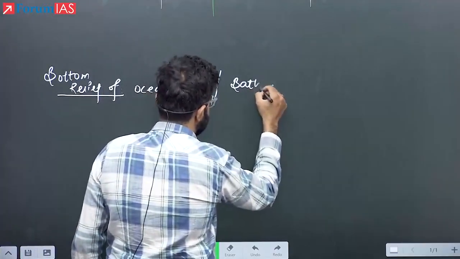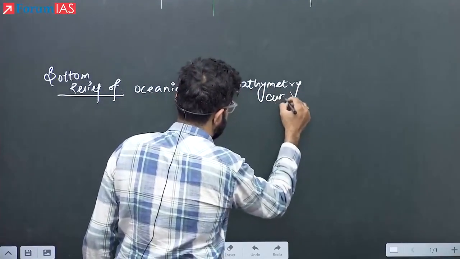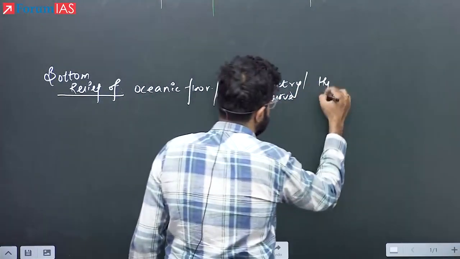This is also known as bathymetry curve, or it is also known as hypsographic curve.